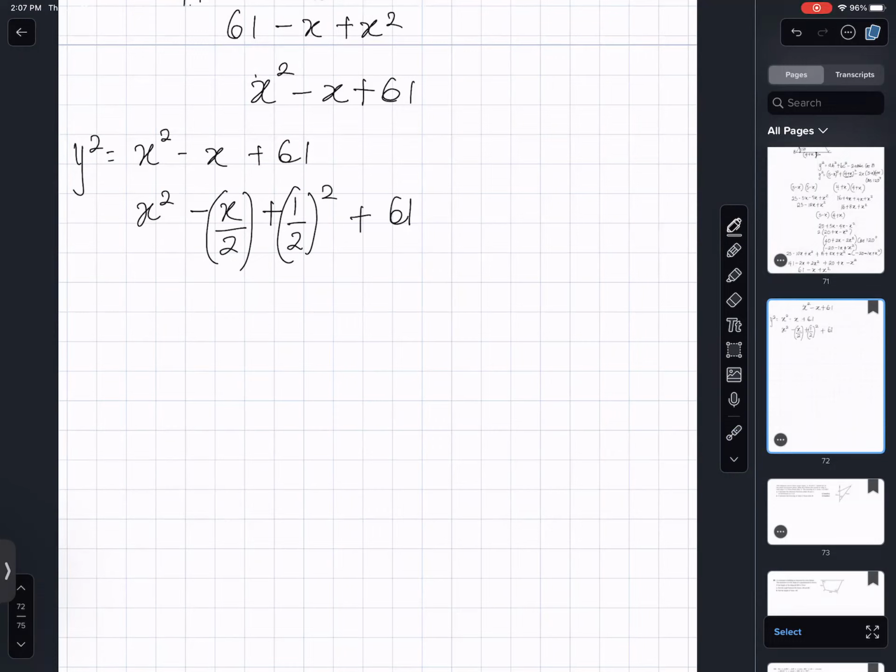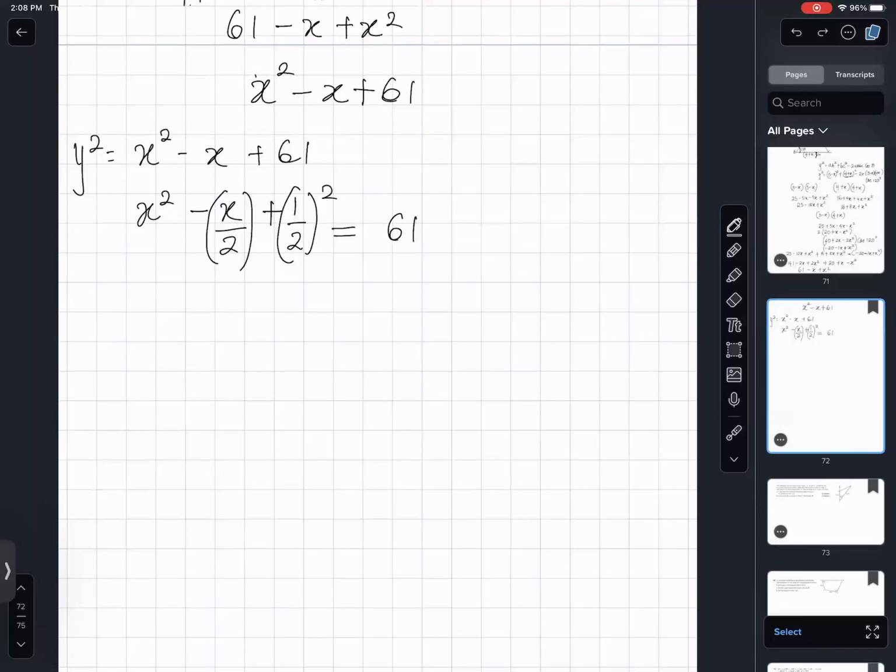Or you can decide to move 61 to the other side of the equation, then add 1 over 2 squared to it. Let us finish the equation on this side before we move.